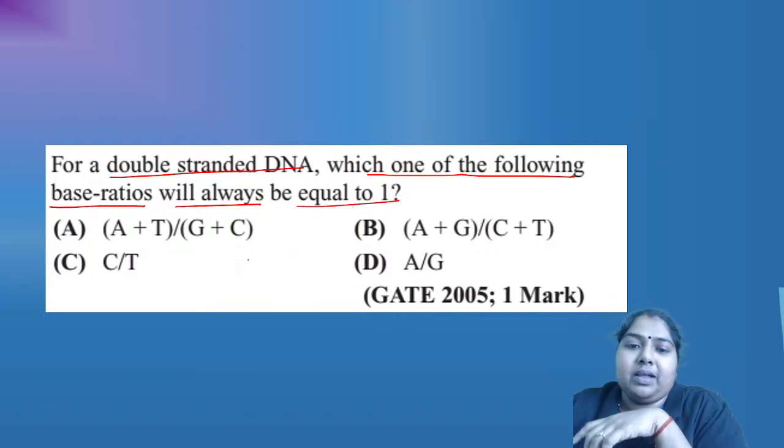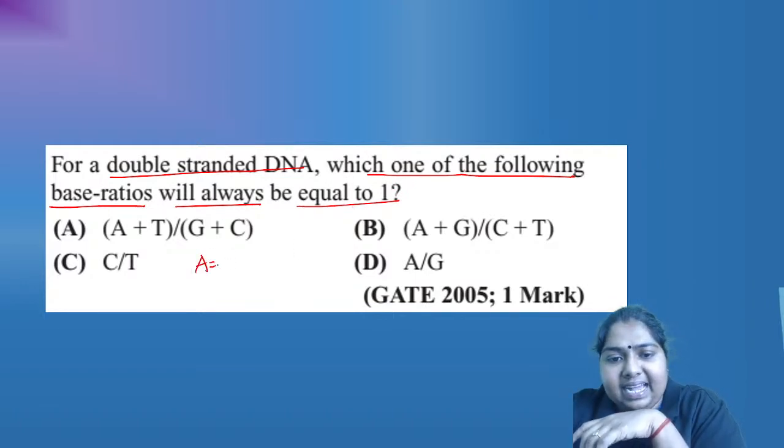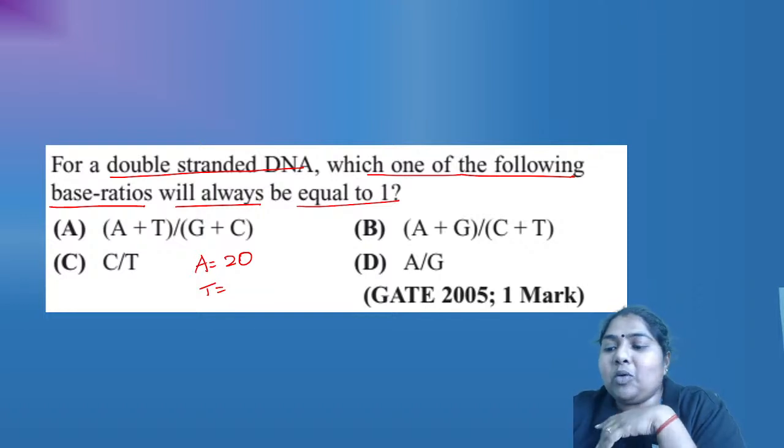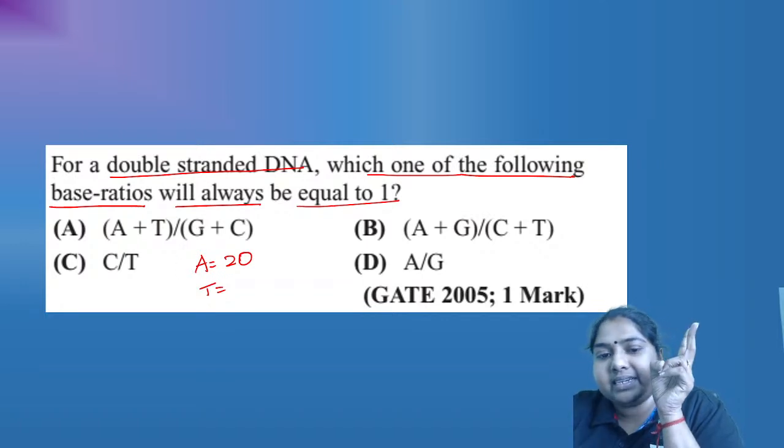Come on. I am taking A as 20. If A is 20, what should be T? This is where majority of the aspirants will tremble. If A is 20, T should also be 20.